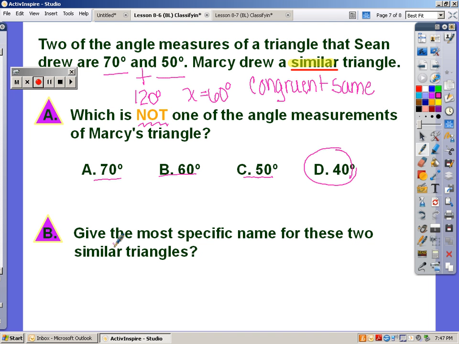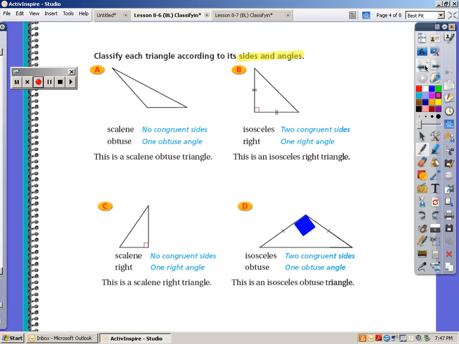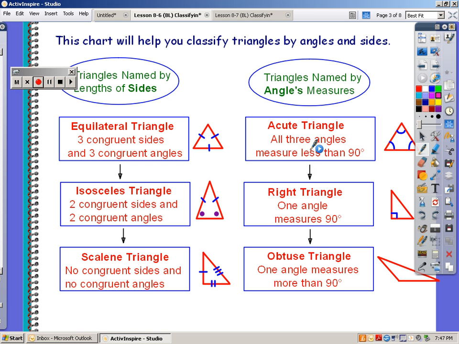All right, moving on to B. Give the most specific name for these two similar triangles. Well, if I know I have 70, 60, and 50, this one's acute, 60's acute, 50's acute, so I know it must be an acute triangle. If I move back in my notes, I know that in an acute triangle, all three angles are less than 90.